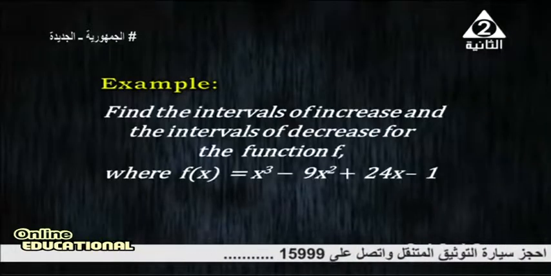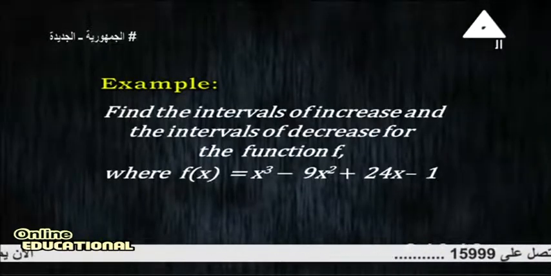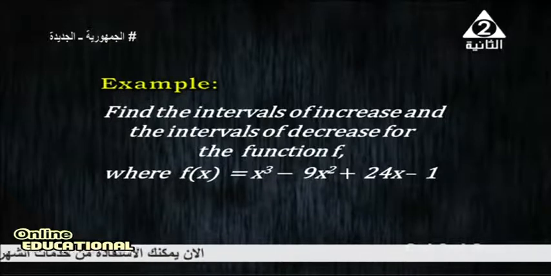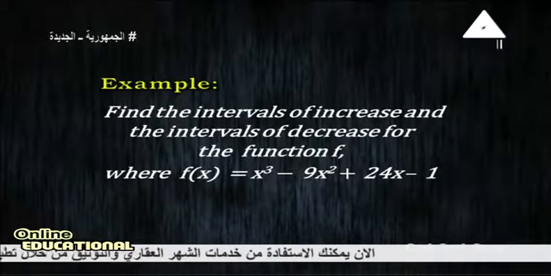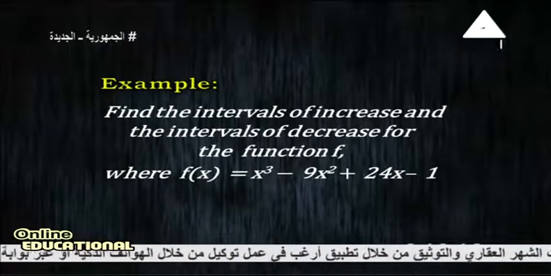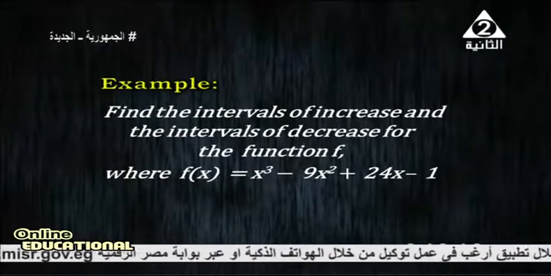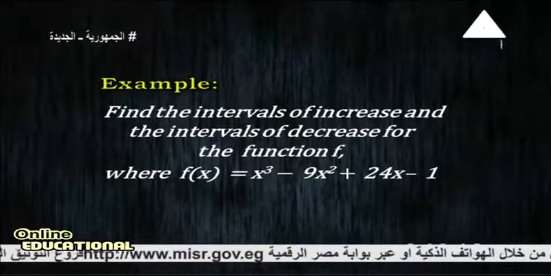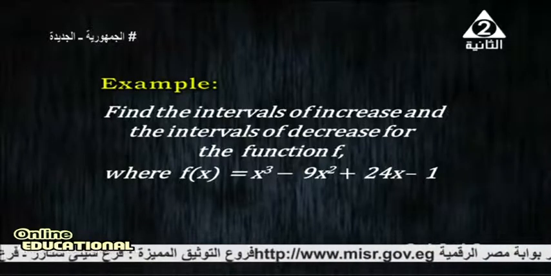Example: find the intervals of increasing and the intervals of decreasing for the function f, where f of x equals x to the power 3 minus 9x to the power 2 plus 24x minus 1.